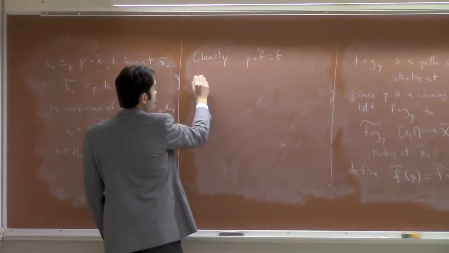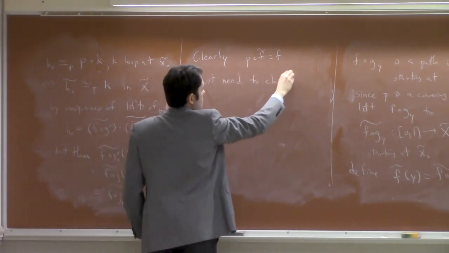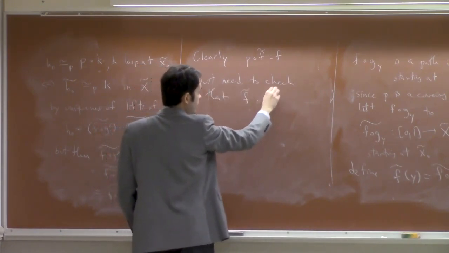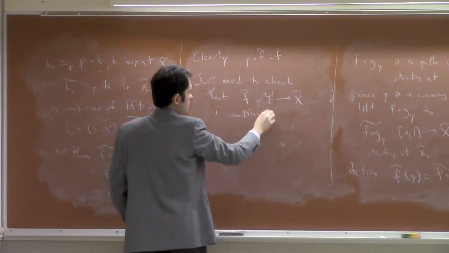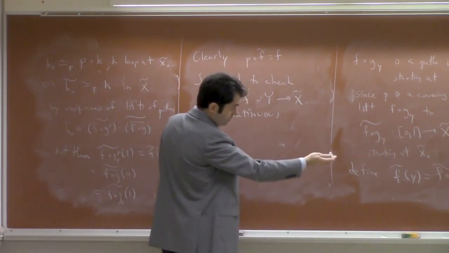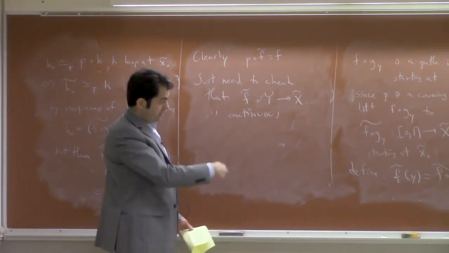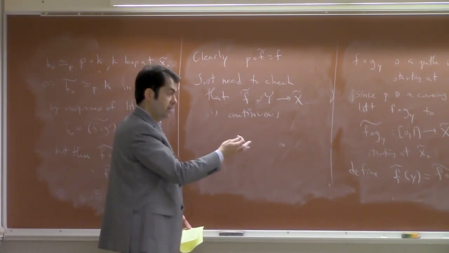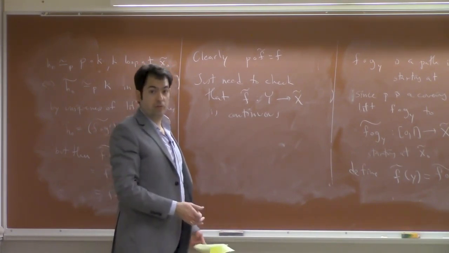So all that's left to check is that this map we've defined is continuous, right? So after all, we defined it by taking an arbitrary path in y and then lifting. So there's no relation implicit between the g sub y's for nearby y's. Right? So just whatever path you want.